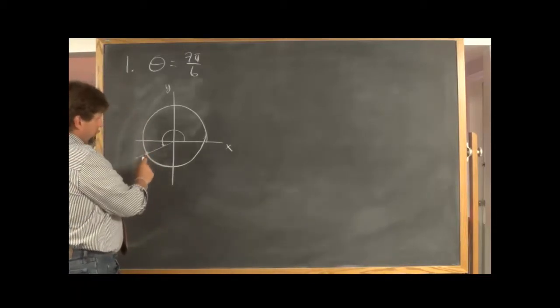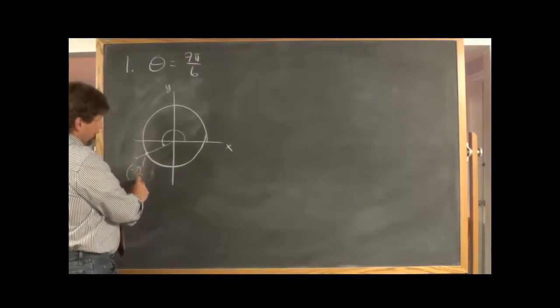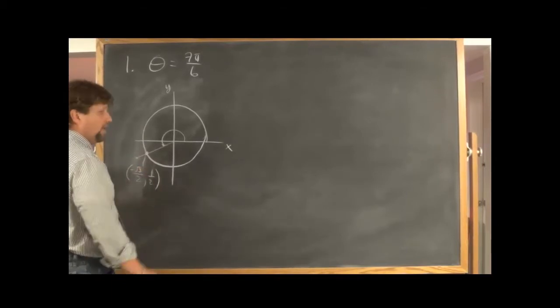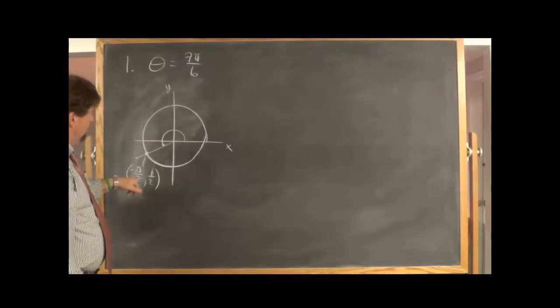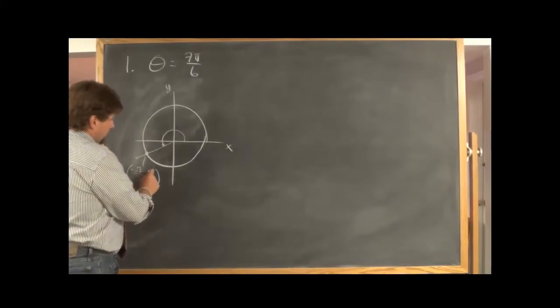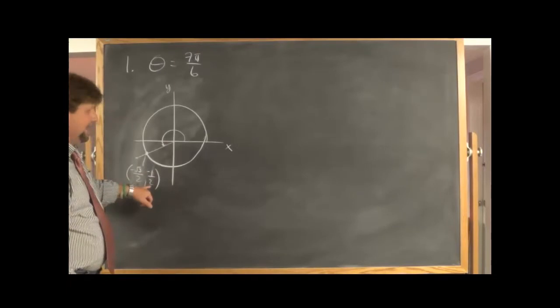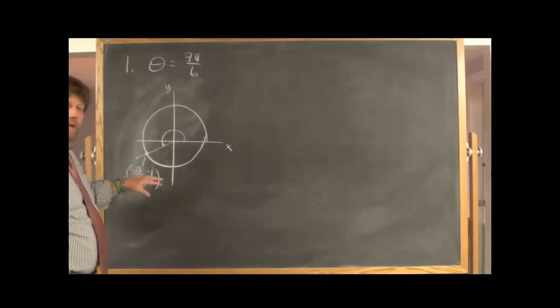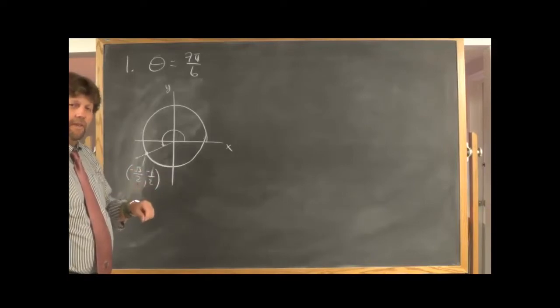The x-coordinate is negative square root 3 over 2, and the y-coordinate is negative 1/2. If you know those two, you're going to know the 6 trig function values for theta.